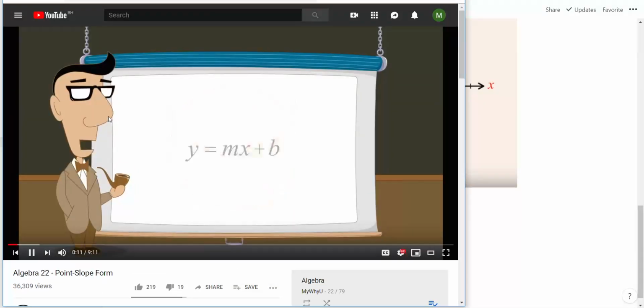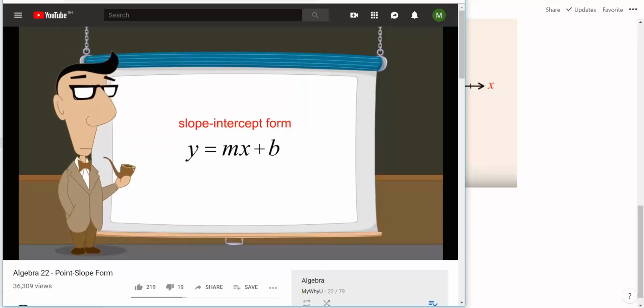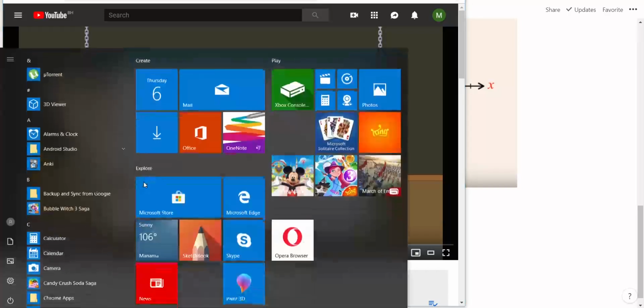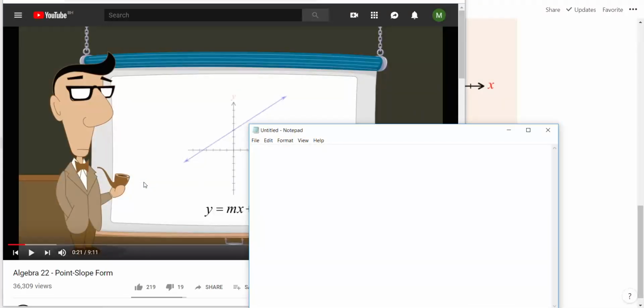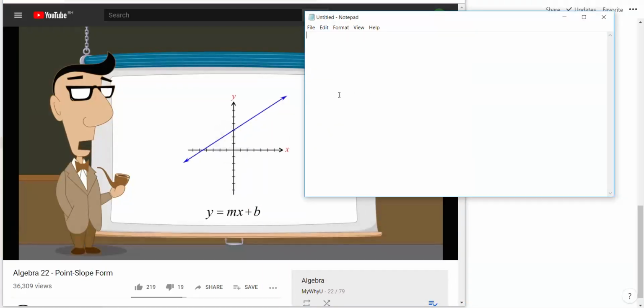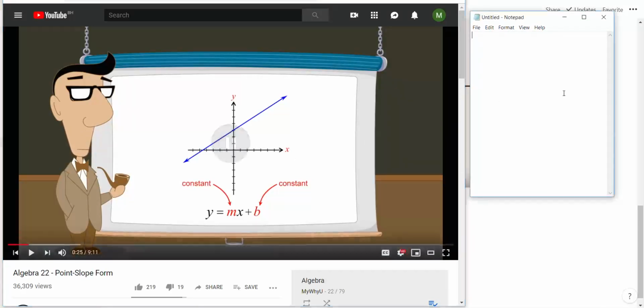And we'll form y equals mx plus b. This form of the equation of a line is called the slope-intercept form. The slope-intercept form involves two constants, m and b.